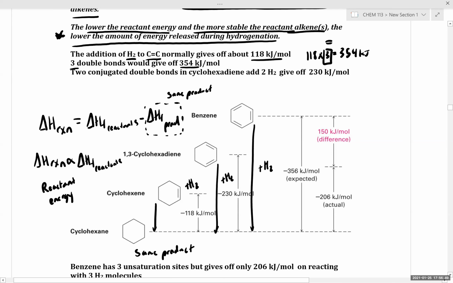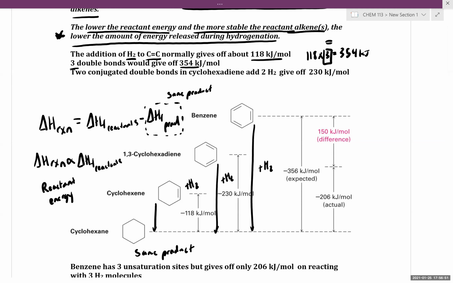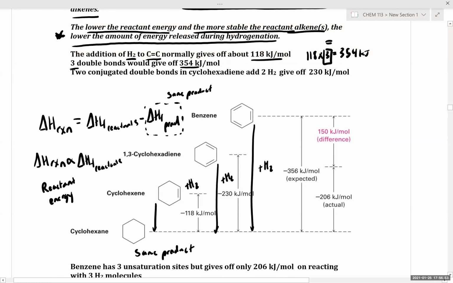Okay. Let's look at some examples now, and let's see what happens when we start to look at conjugated systems. So cyclohexadiene, which contains 2 conjugated double bonds. When cyclohexadiene is subjected to hydrogenation, it gives off 230 kilojoules versus the expected amount of heat released of 236 kilojoules.